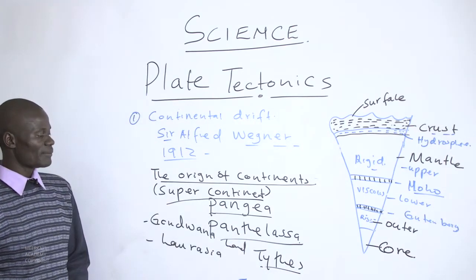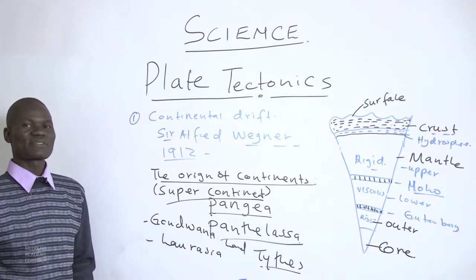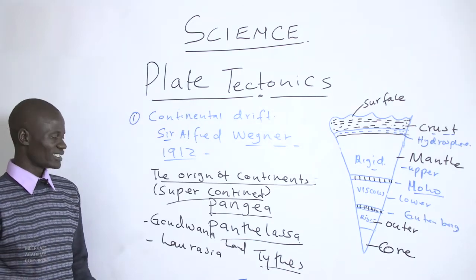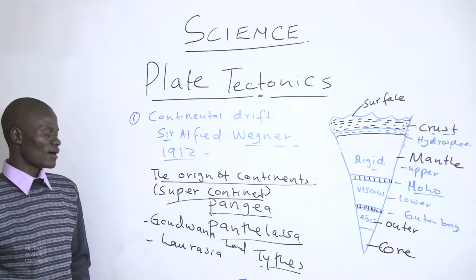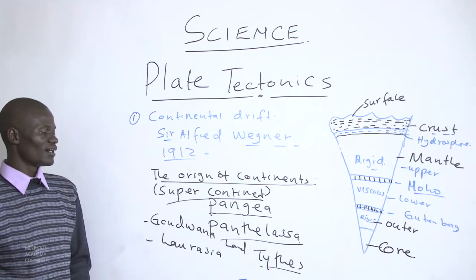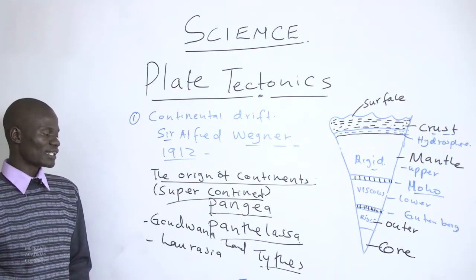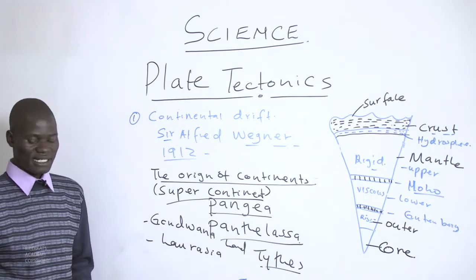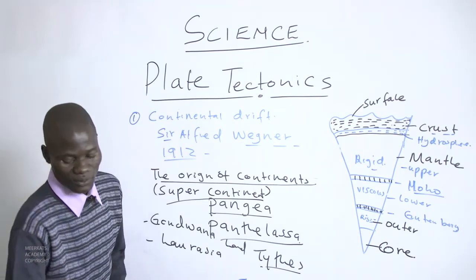After some time, the Gondwana land further split into various smaller blocks that represent the various plates that are found on Earth, and the Laurasian shield also split into three main plates.